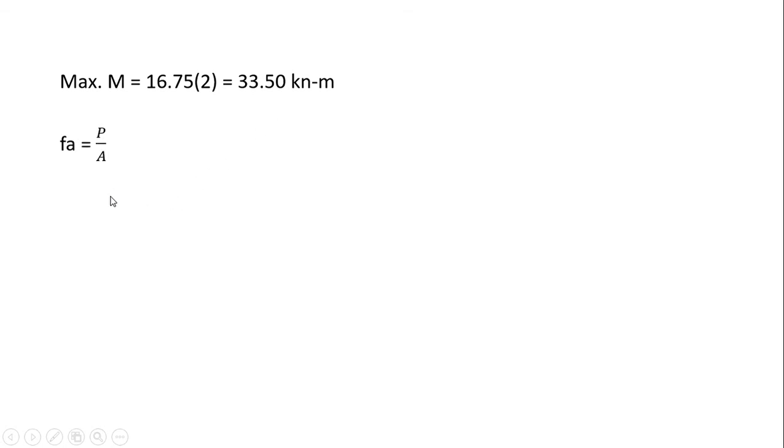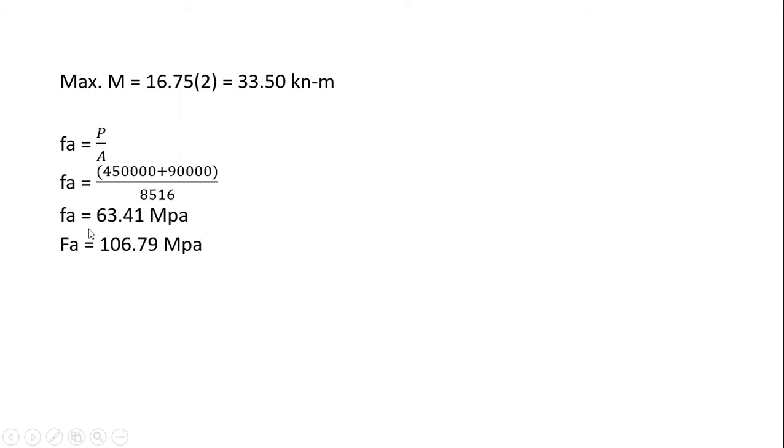So to solve the axial stress, Fa is equal to P over A. So substitute the value: 450,000 plus 90,000 over 8,516, so fa is equal to 63.41 MPa. Then our axial compressive stress is 106.75 MPa.